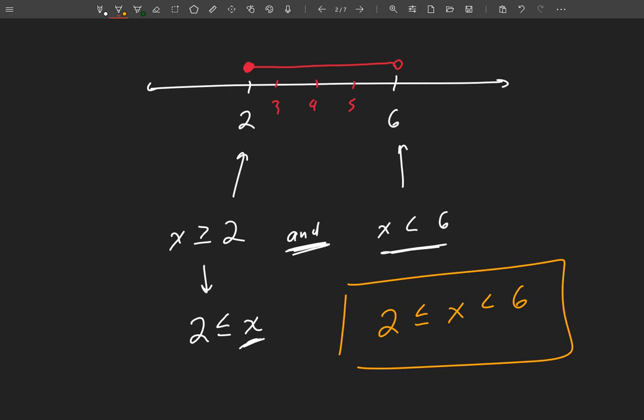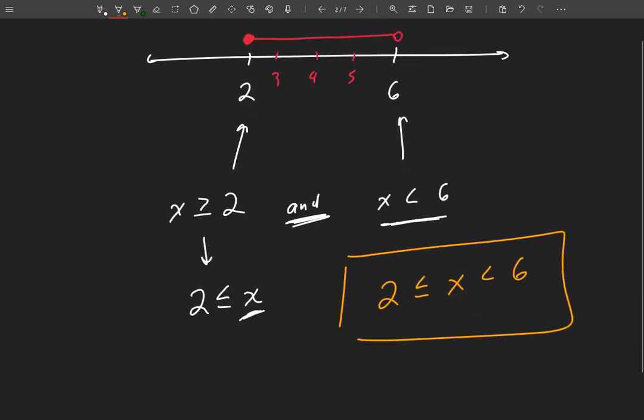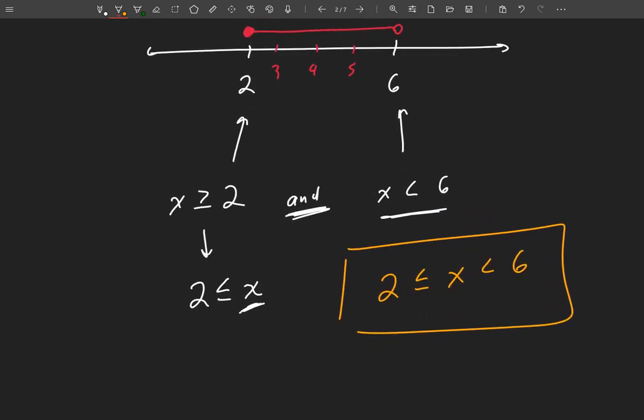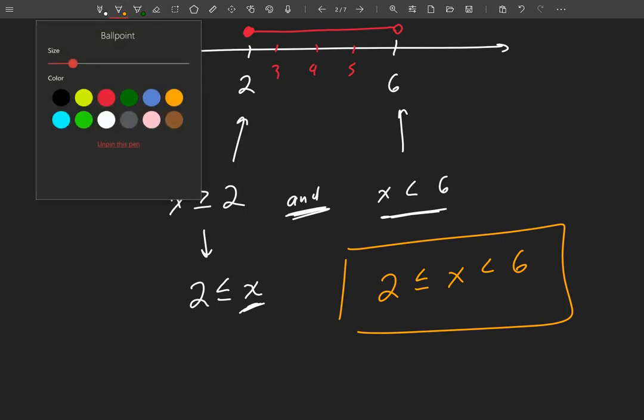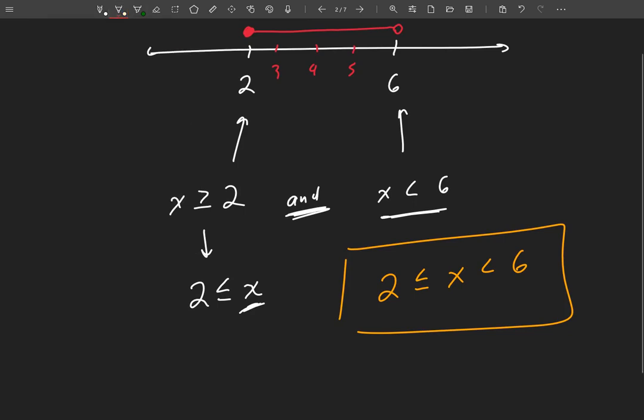Now, this might look kind of confusing. There's a lot of stuff going on. There's a 2, there's a 6, there's some symbols. A lot of times people see this and kind of think that's a lot. But I try to tell my students, when you see this, don't get overwhelmed. I want you to think of this statement.